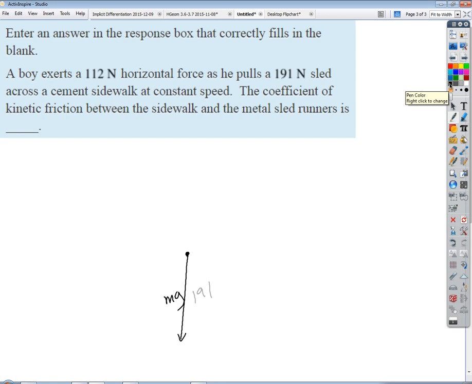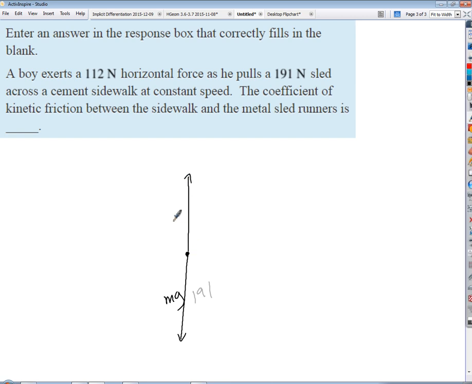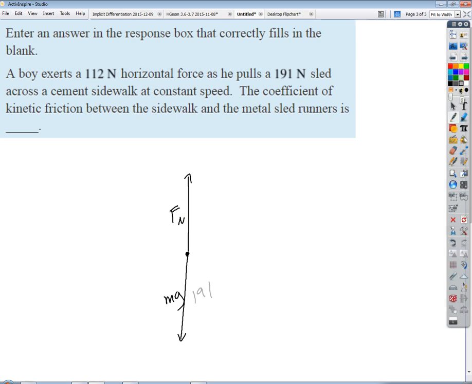Need another one. Olivia, what's another force acting on the sled? The sidewalk's pushing up. So what would we call that probably? Normal force, good. So the normal force pushes up, and what's the magnitude of that force? What do you think?